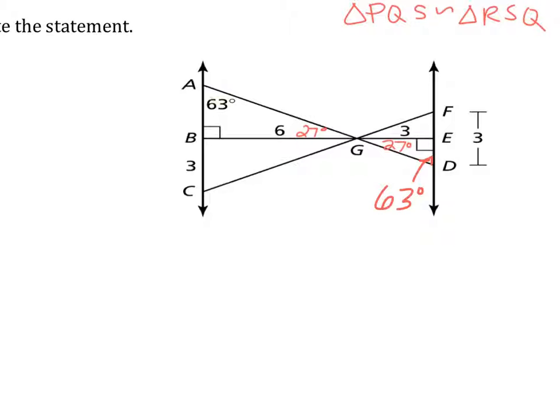You have one, you have 63. 27 does not count, however, because 27 isn't the full angle for that triangle. These two are similar, yes, but I'm talking about the two larger ones. So these two.